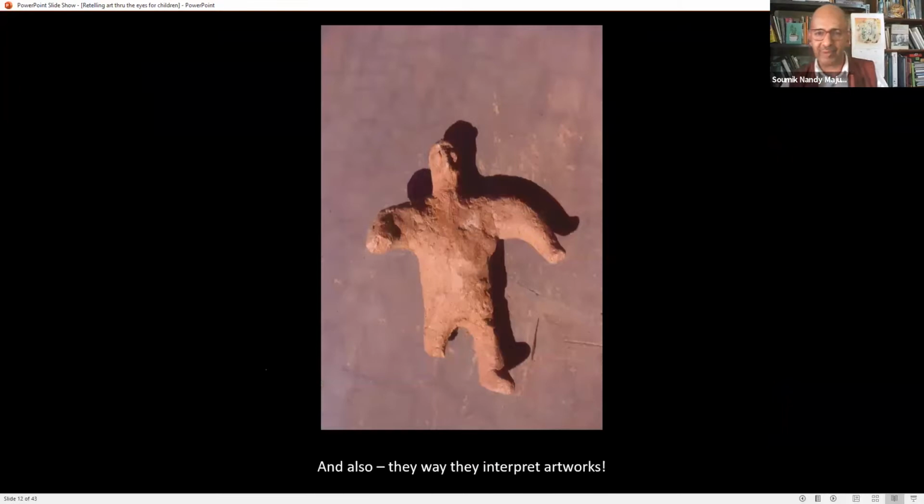Now, let me go back to many years back. This is a small little clay, as you can see, sun-baked clay, kind of a doll, a figurine, which I just chanced upon when I was walking through the Pearson Palli, just next to the Sikha Bhavan buildings.